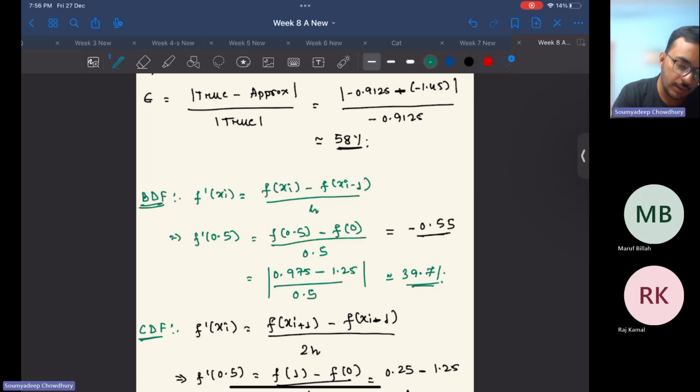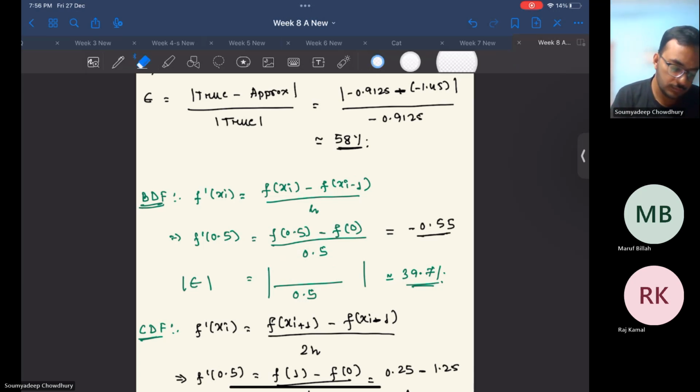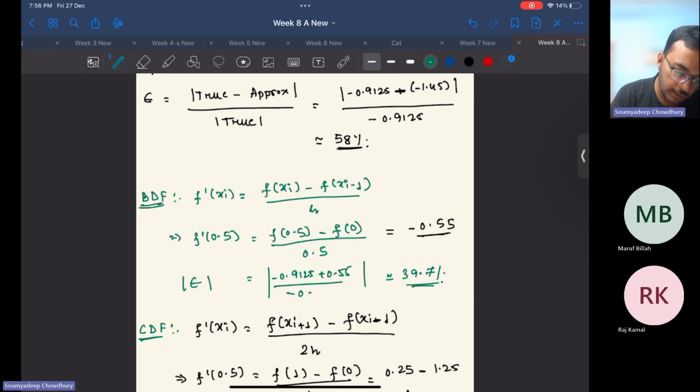If you want to find out the error, the true value is minus 0.9125 minus of minus 0.55 upon minus 0.9125.